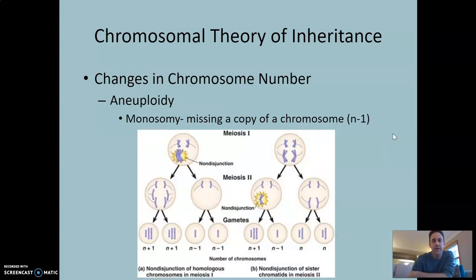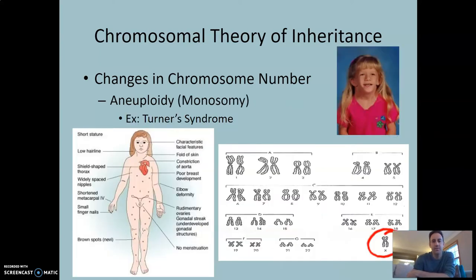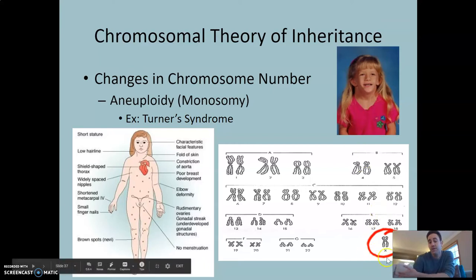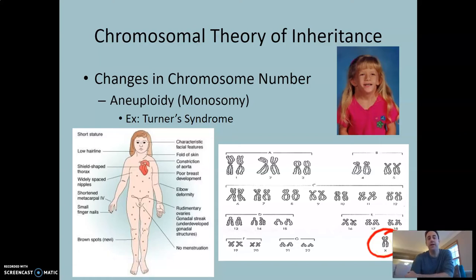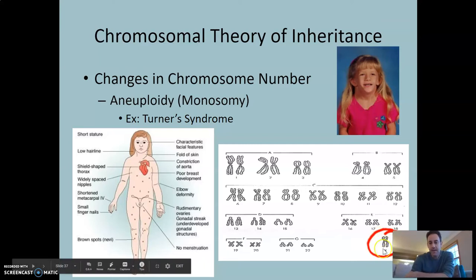Another example is monosomy, where you're missing a copy of a chromosome. An example of this is Turner's syndrome, and in this case, you're missing one of the sex chromosomes. So somebody with Turner's syndrome is always going to be female, and that's because the X chromosome, remember, has about 2,000 genes versus the Y chromosome, which has about 100.